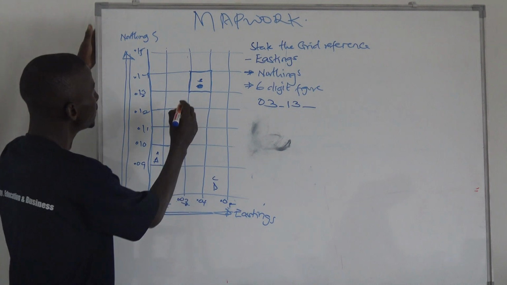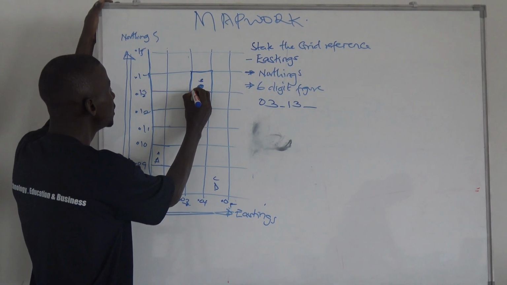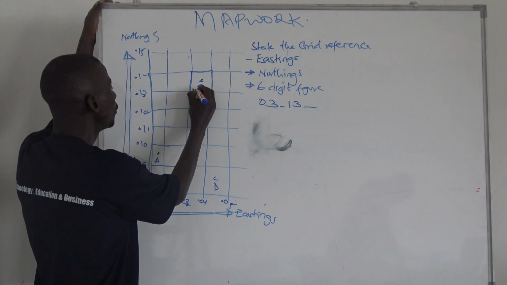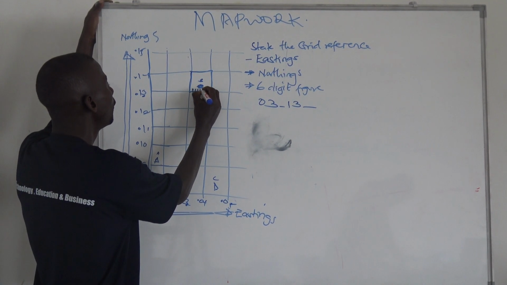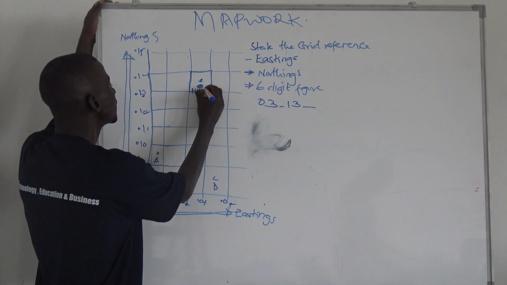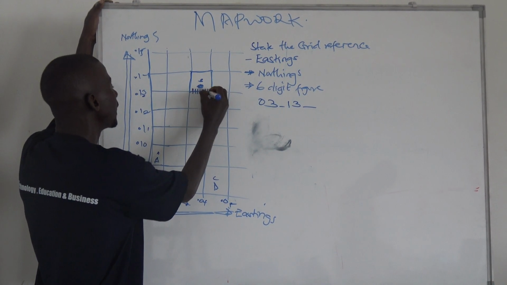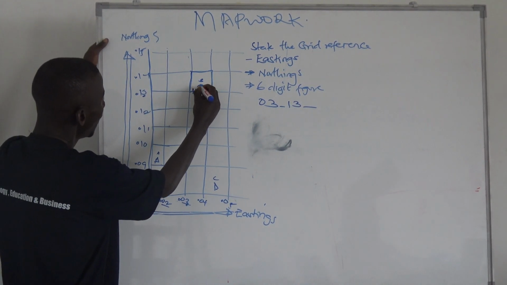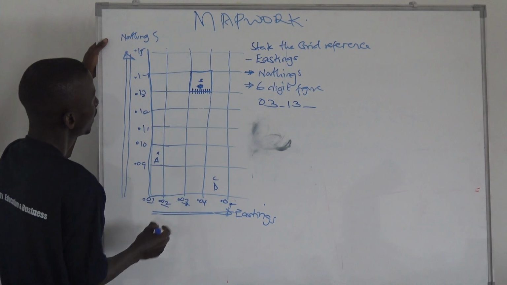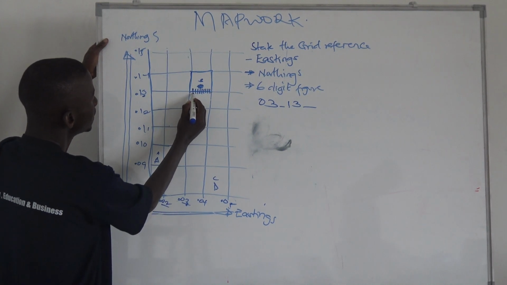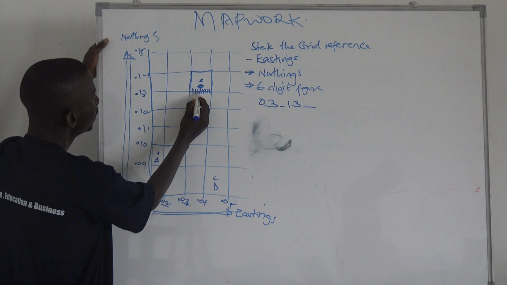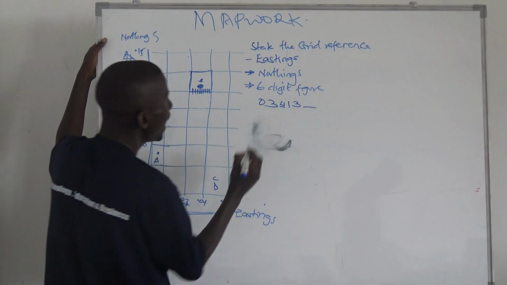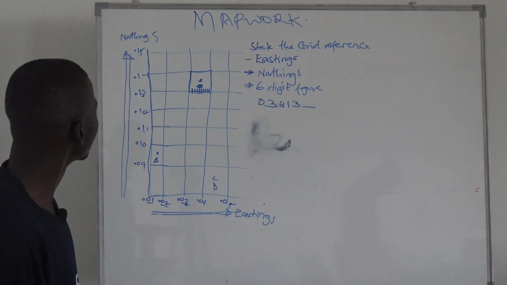What I do is I divide this box into 9 equal portions: 1, 2, 3, 4, 5, 6, 7, 8, 9. To reach this feature in the middle here, I count how many small lines. This is 1, this is 2, 3, 4. So 4 becomes my third number for eastings.